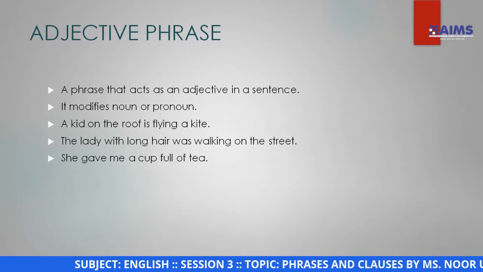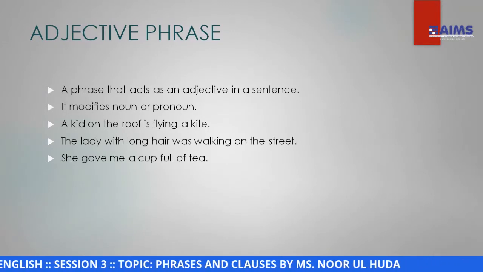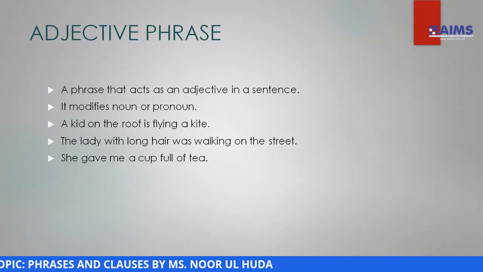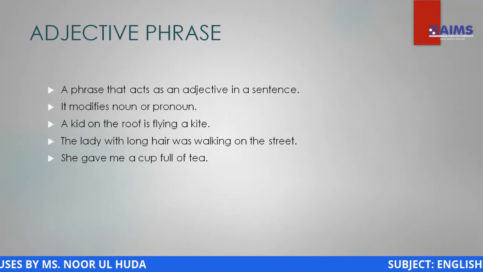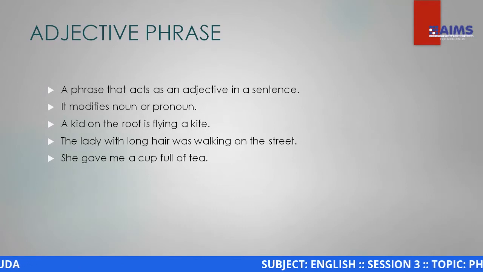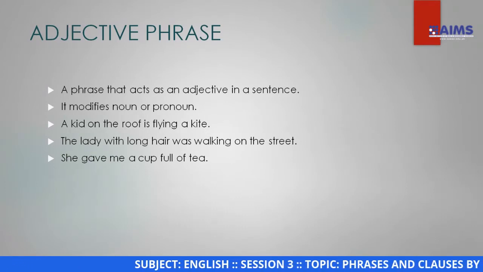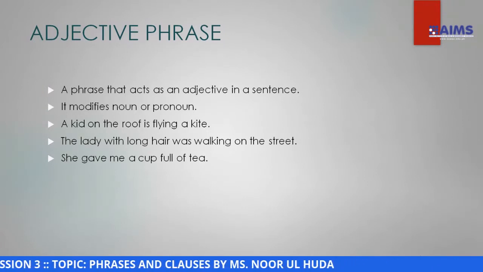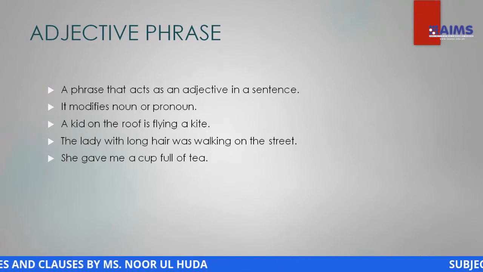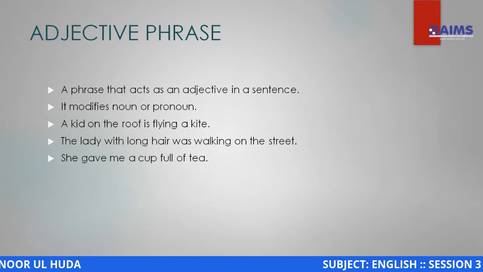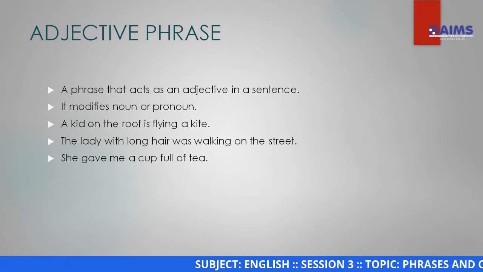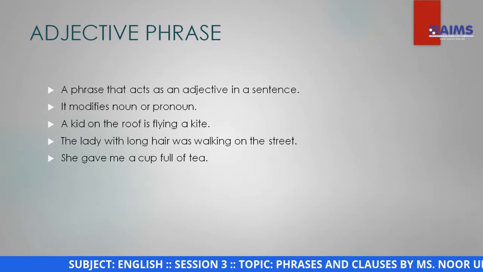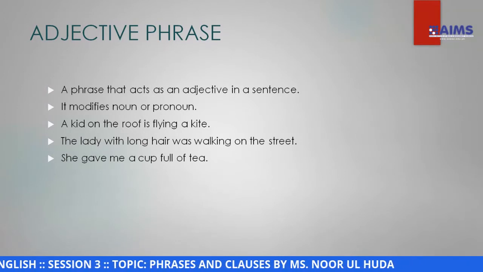It modifies a noun, because they are more like adjectives. The definition of the adjective is itself that they are used to modify the noun and pronoun. And when we talk about a phrase, it comes as a combination of words specifically. A kid on the roof is flying a kite. Now, "on the roof" is modifying a noun here.